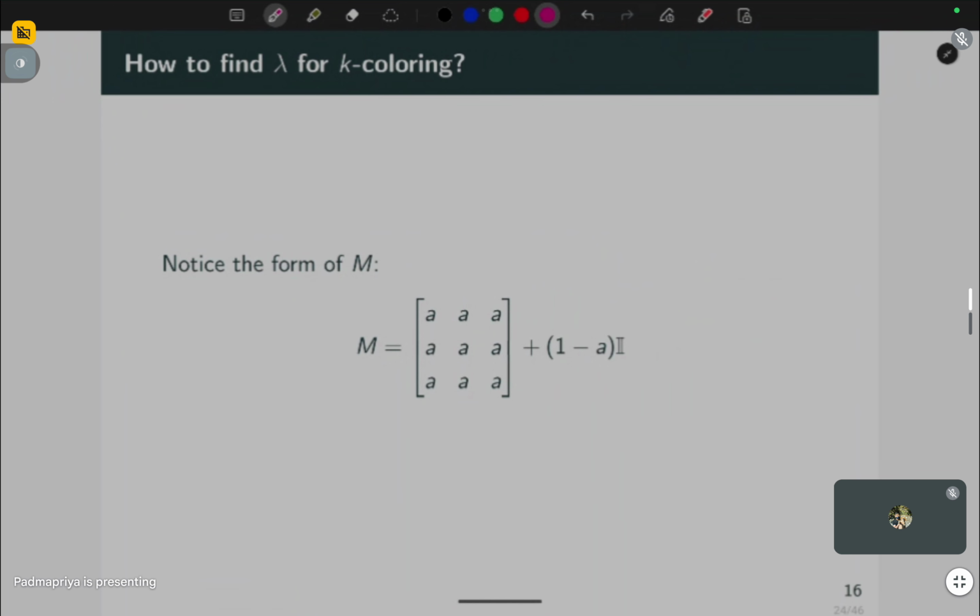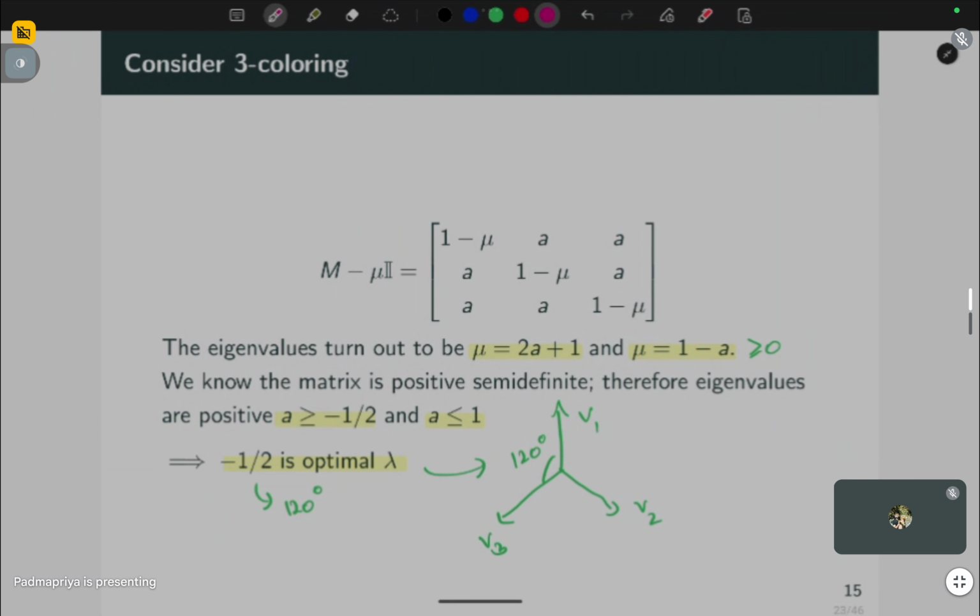So one nice thing about the form of the matrix M is that if you see how it is, it's basically all A's and just the diagonal has 1. So we are subtracting minus mu I, the identity matrix. So we have this minus mu over here, but otherwise M only has ones in its diagonal.